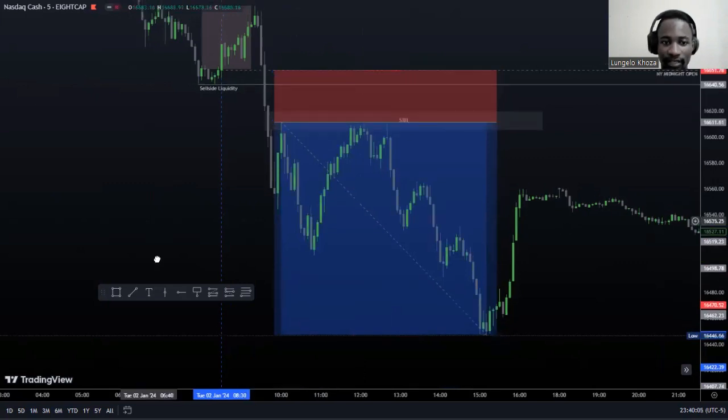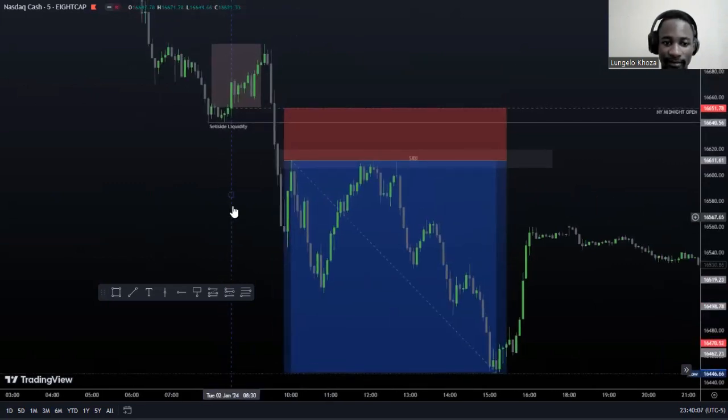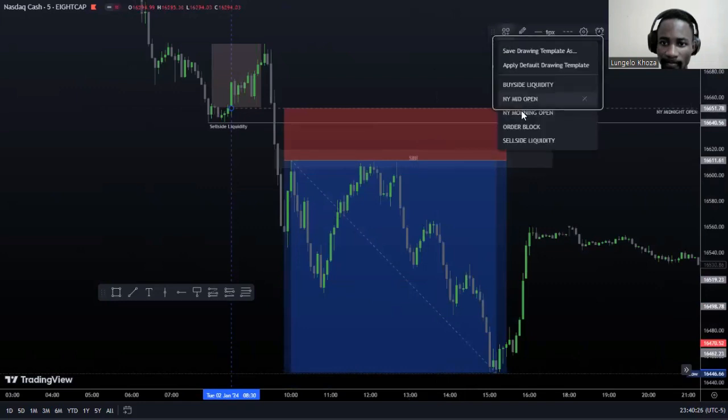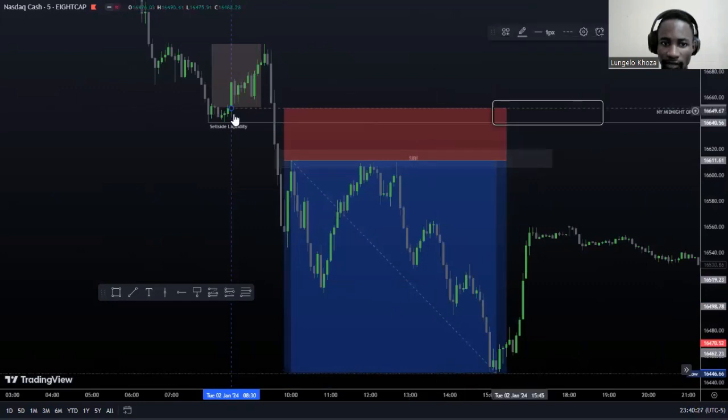Not too much, guys. The thing that I'm marking: I'm going to the 8:30 New York session. Then I mark my midnight open. Then I look where the price is going. After that, I mark my morning open. This is my morning, not midnight. I want to see price go up before going down.